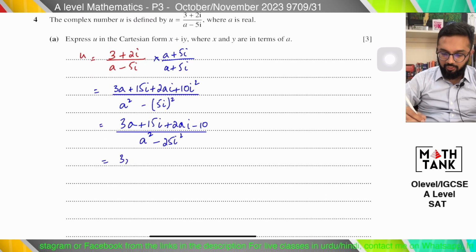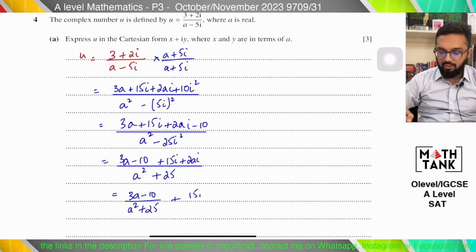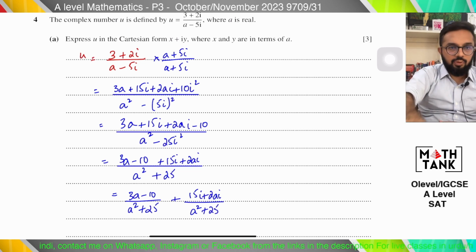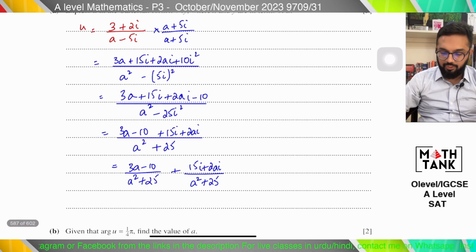So I get 3a minus 10 over a squared plus 25, plus 15i plus 2ai over a squared plus 25. Let's check if those are the correct answers. Yeah, those are the correct answers.